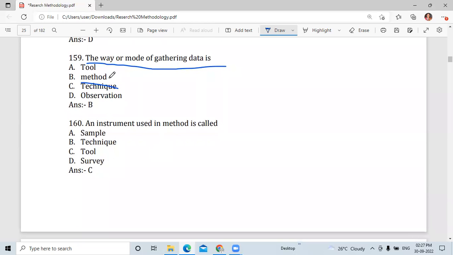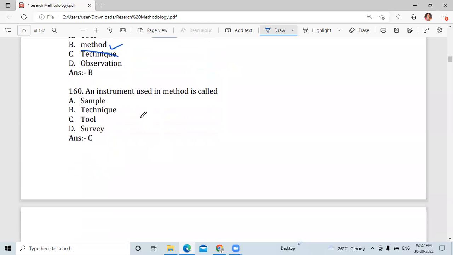The answer is method. An instrument used in a method is called, or an instrument used to collect data is called, what? The answer is tool.